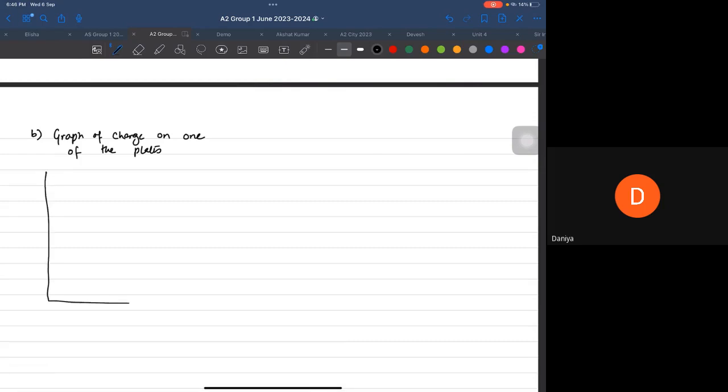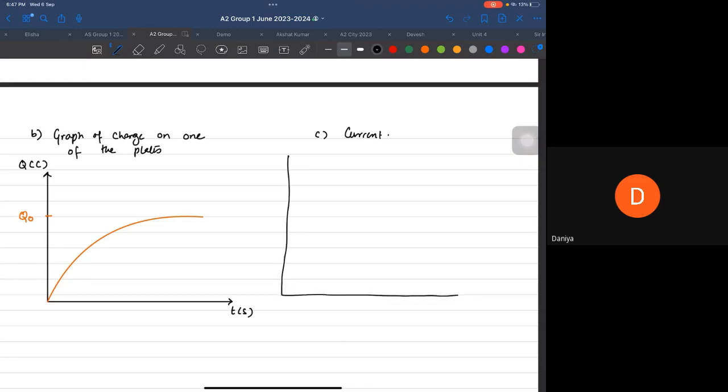You have charge in coulombs and time in seconds. So it behaves the same way. It would reach a point where the charge will be maximum, and then it will stop because more charges cannot enter.